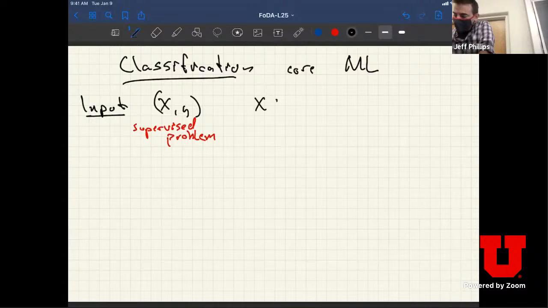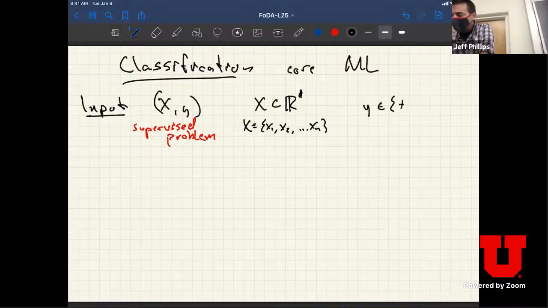And so the X we're going to say is going to be a subset of R^d. We can think of X equals X1, X2, up to Xn. These are all points in R^d. And the Y now is not going to be real values. Usually the Y is going to be, in the simple case, two classes.